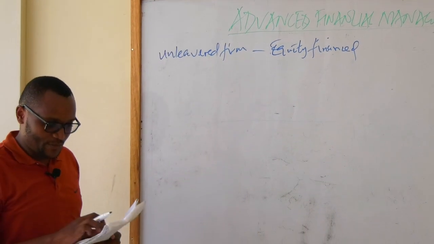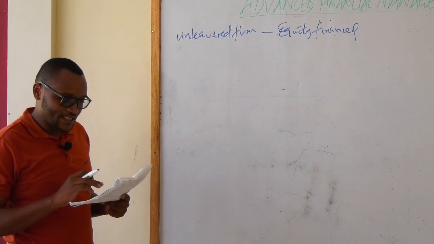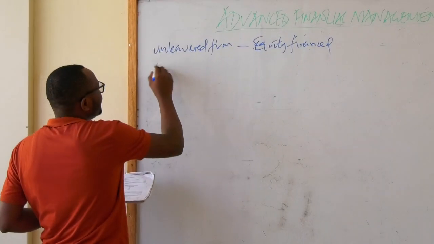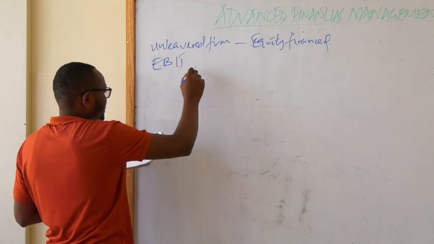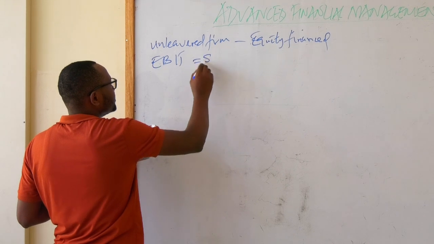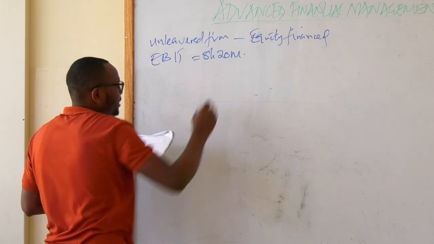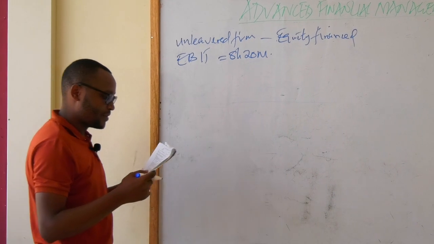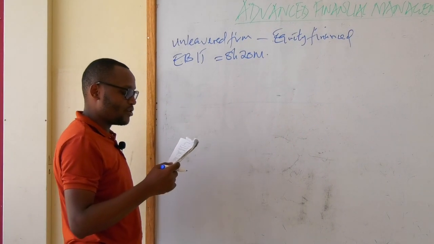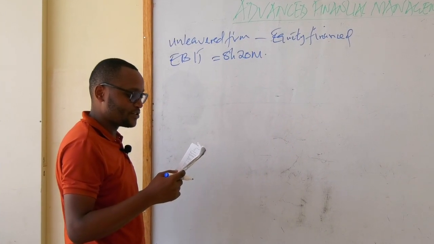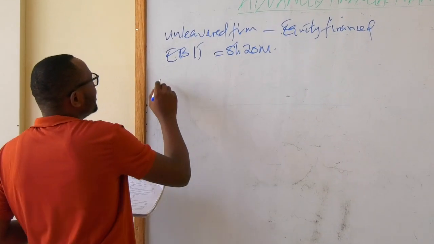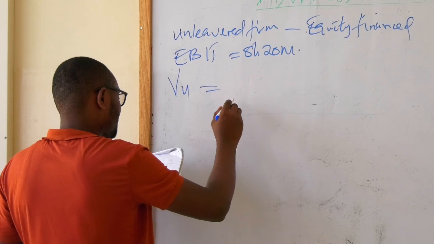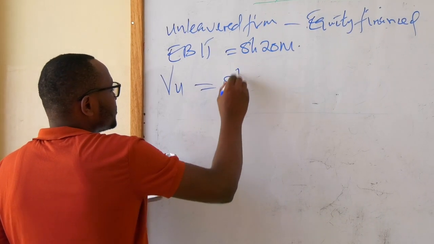When you talk about an unlevered firm, there is an average earning before interest and tax, EBIT, of shillings 20 million per annum. Then the market value of the firm at 31st October 2007, the company's financial year end, sometimes called the value of the levered firm, was shillings 120 million.